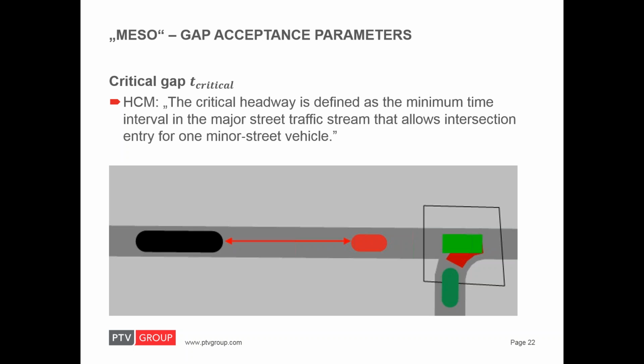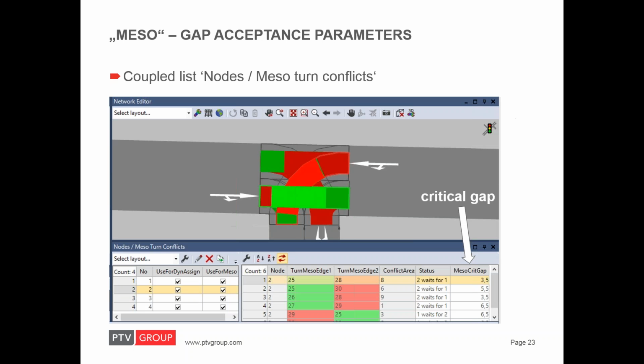The critical gap corresponds to the time it takes for the follower to move the distance, here shown by the red arrow. So basically, the critical gap determines how the capacity of the minor stream decreases when the volume on the major traffic stream increases.